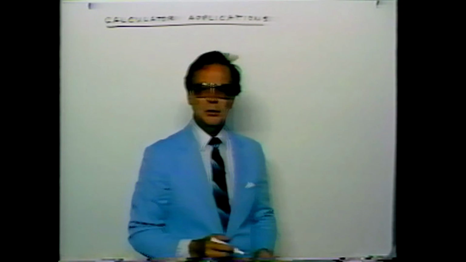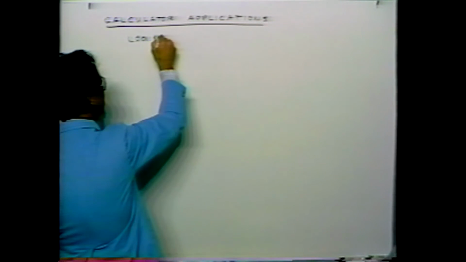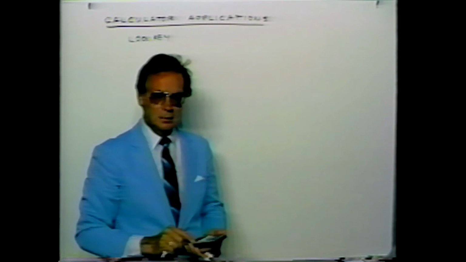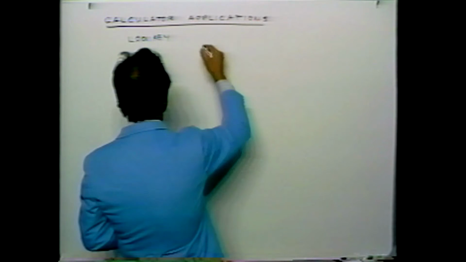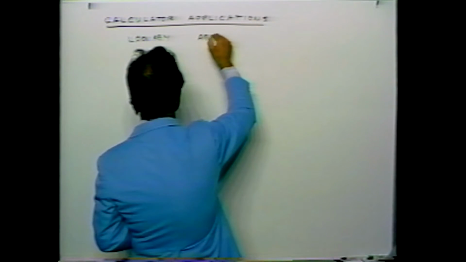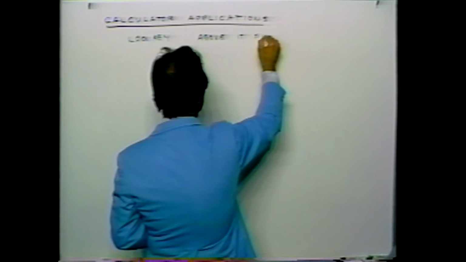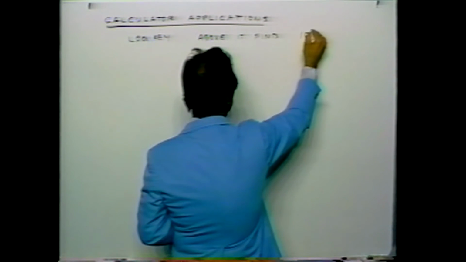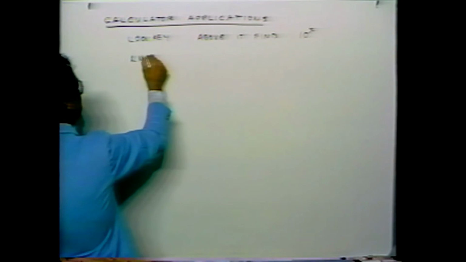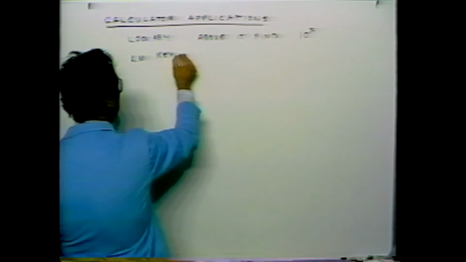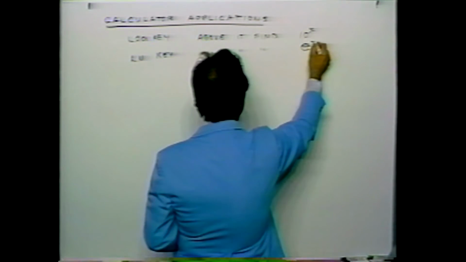Now we will use the calculator to determine antilogs and antiln. Usually, where you have the log key, above it is the 10 to the x key. You usually have, similarly, above the ln key, you will find e to the x.